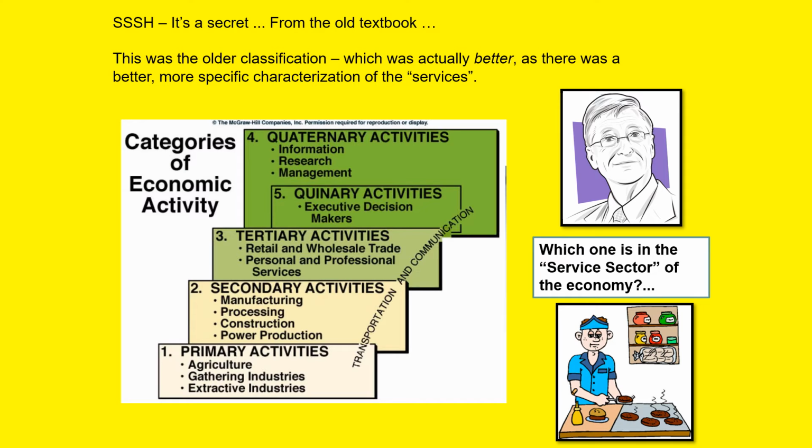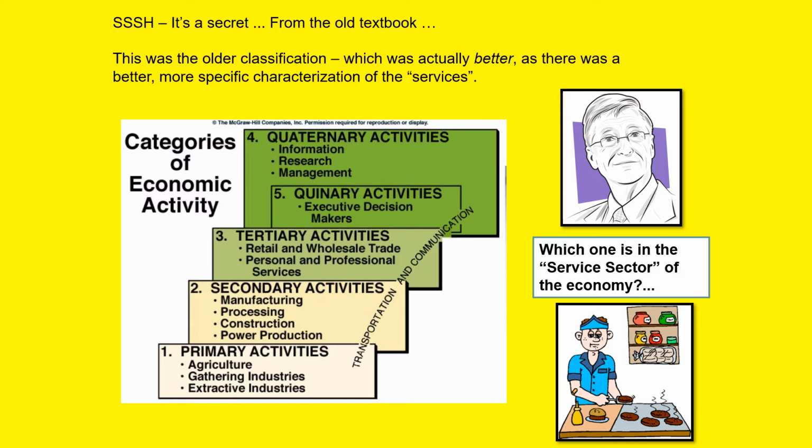But the higher level services, if you're going to be employed in finance or in insurance, R&D, the upper level management, that's called in some classifications, quaternary. It's services, but it's one in which you need to be highly educated to do.